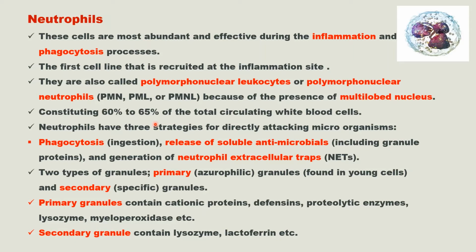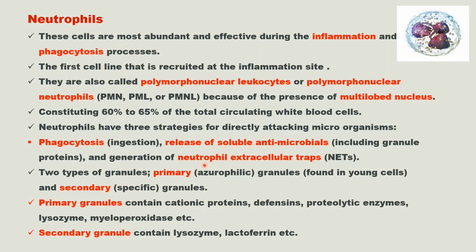Neutrophils have three strategies for directly attacking microorganisms. So, what are the three major strategies? One is phagocytosis or ingestion. Second is release of soluble antimicrobials including granule proteins. We know that inside the granules of neutrophils some enzymes are present that are able to kill microorganisms.